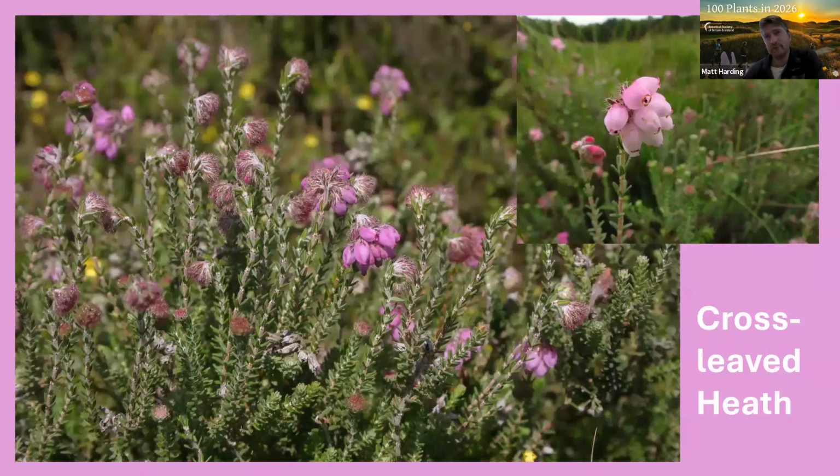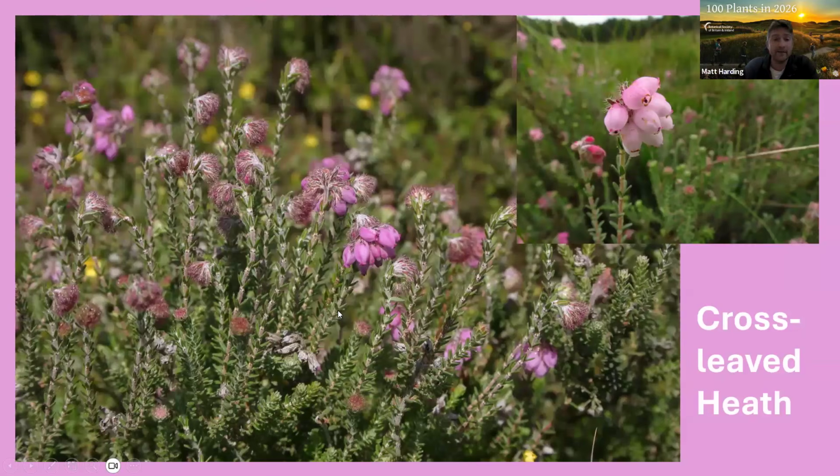So I'm going from dry heath to wet heath now. This is another dwarf shrub, the dwarf shrub of wet heaths, called cross-leaved heath. It has this cluster of pale pink flowers, very tightly clustered at the top of the stem, which really stands out, drooping again.